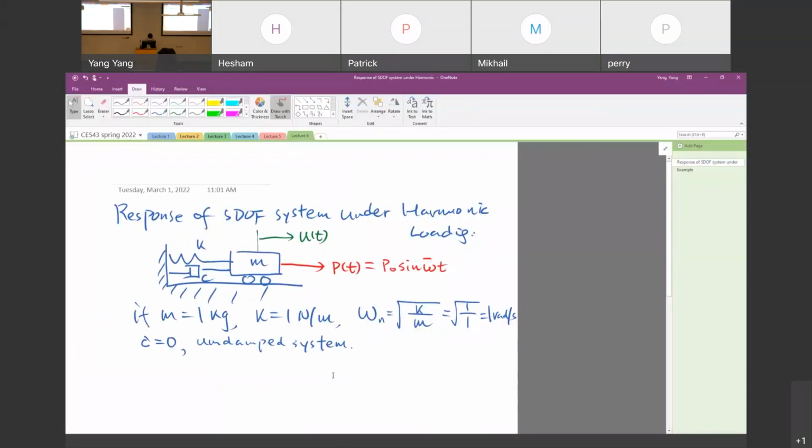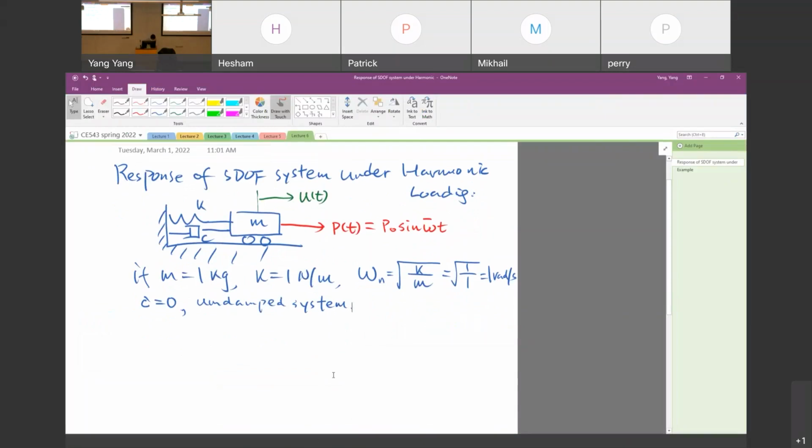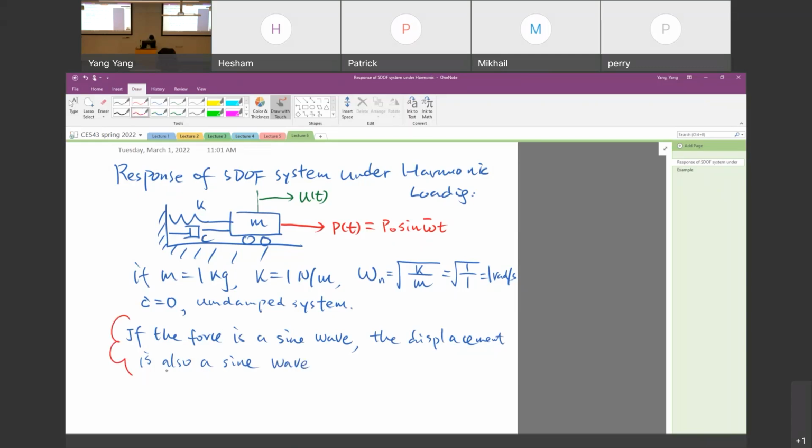In summary, we know that for harmonic loading, if the force is a sine wave or cosine wave, that's basically the same, the displacement is pretty much a sine wave. That's what we have already observed, the response of the system under a harmonic loading.